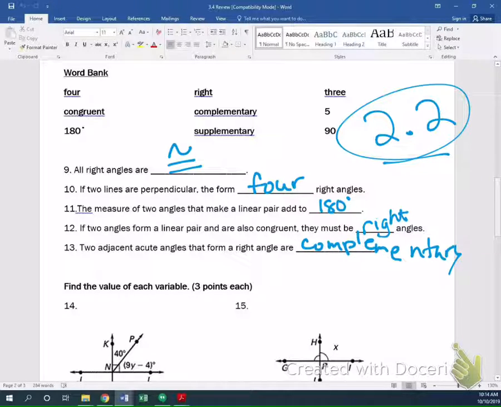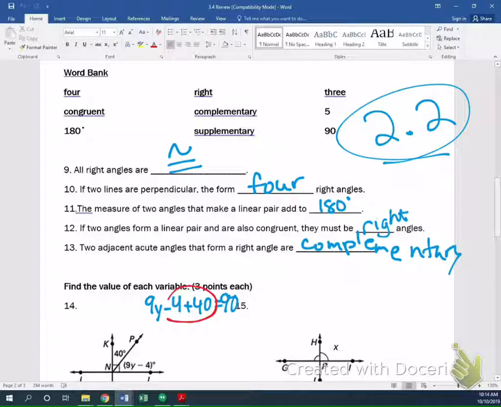All right, number 14. Do you see the box? Yes? No? See it? Right there. Right angle? Yes. So we are going to add these two angles equal to 90 degrees. We have like terms here.